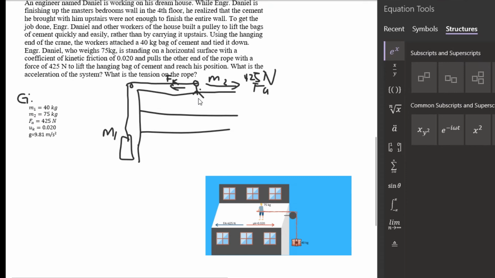So let's try to illustrate properly to determine the exerted forces, or external forces. In the hanging object, there's the tension force exerted by the rope. Let's take note of that. Then there's the weight.